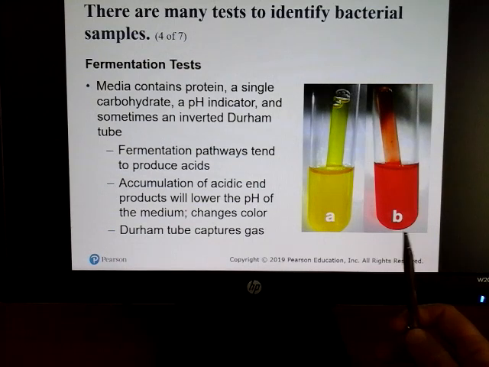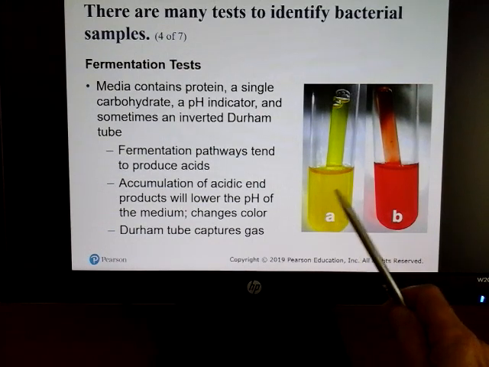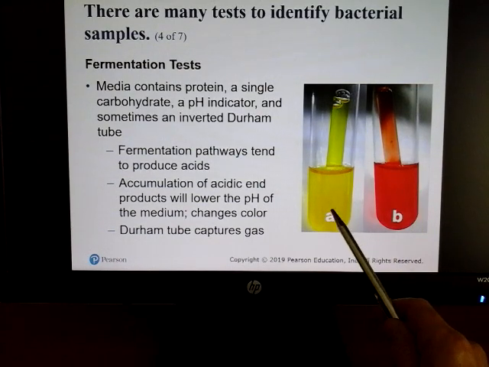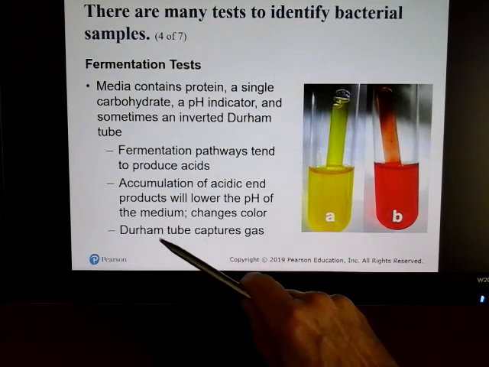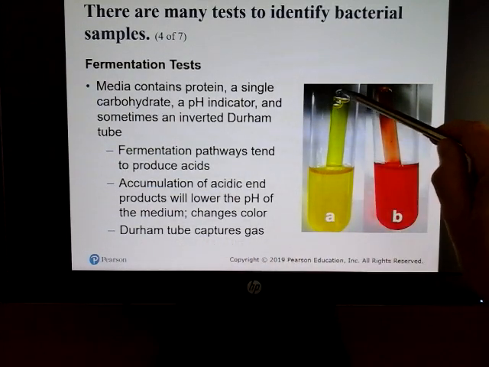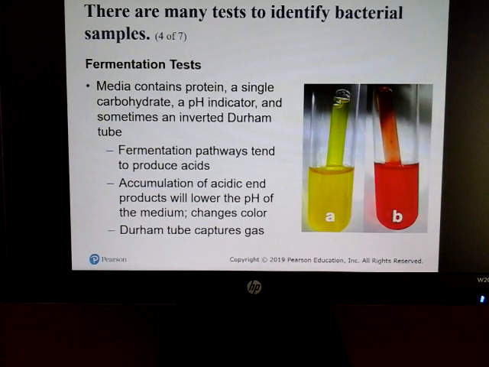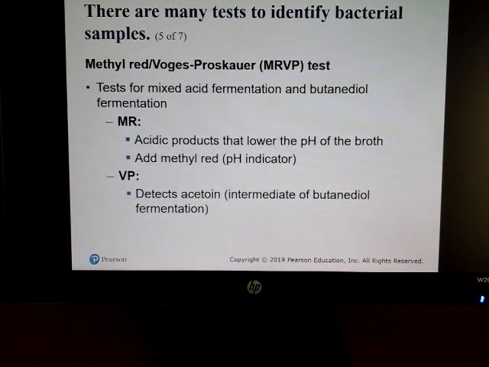Fermentation, we're going to be using phenol red as a pH indicator. If it turns yellow, that shows that pH is lowered. And this Durham tube here, if you see that little bubble or gas, that means gas is also produced with that.